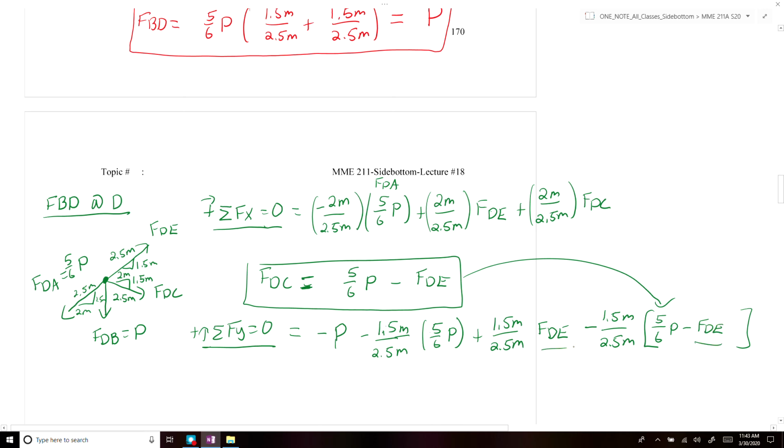If we evaluate all of this, we're going to move all the known terms to the left-hand side of the equation.